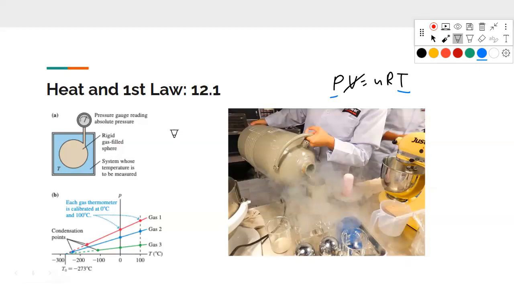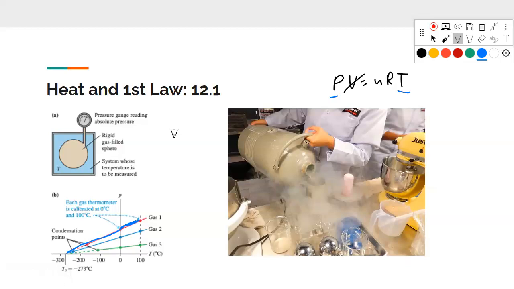But what you can imagine is if you took this line that you get from actual experiment and you extended it down until you got to zero pressure, you can ask yourself, what temperature would that happen at? And it turns out no matter what gas or volume of container that you do this with, all of these lines come to meet at the same point.